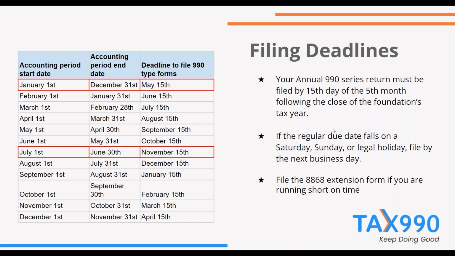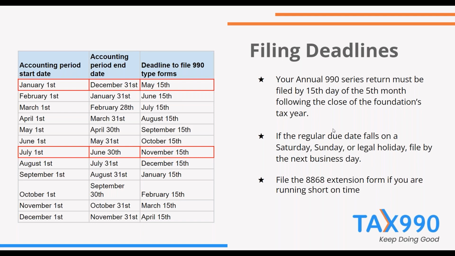So as I mentioned, we're going to talk just a little bit about the deadlines. I think I've said a couple of times already that we're focusing on the November 15th deadline, but the nonprofit sector has a deadline every month based on the organization's tax year. There are two very common deadlines that we have a main focus on throughout the year, which would be the January 1st through December 31st tax year, which provides a May 15th deadline, or the July 1st through June 30th tax year, which provides a November 15th deadline.